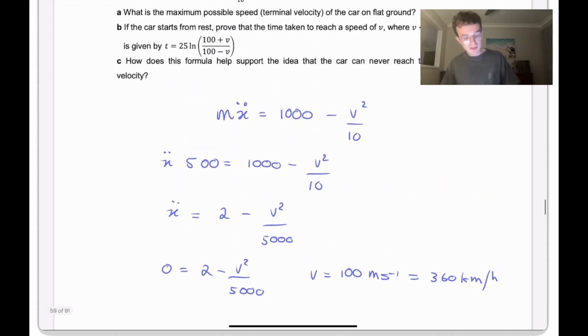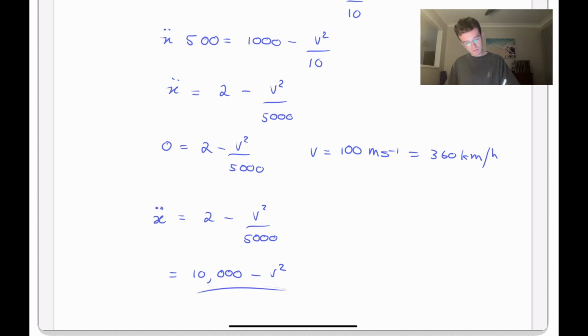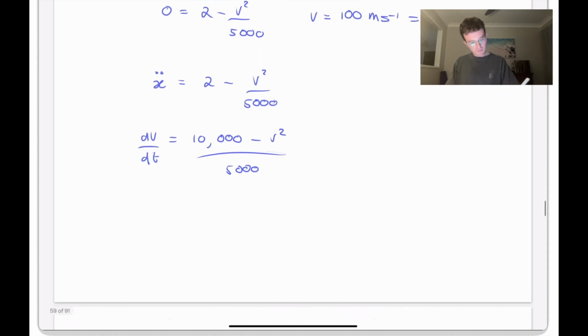Part B says if the car starts from rest, prove that the time taken to reach that speed is equal to this. Now we've already decided that the equation for acceleration is 2 minus v squared on 5,000. Let's make that 10,000 minus v squared on 5,000. Now we want time and velocity, so we're thinking dt to v, but to do that we need to flip it upside down.